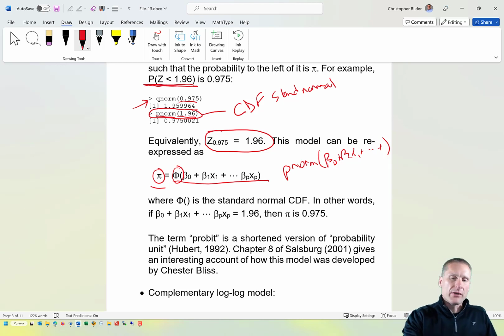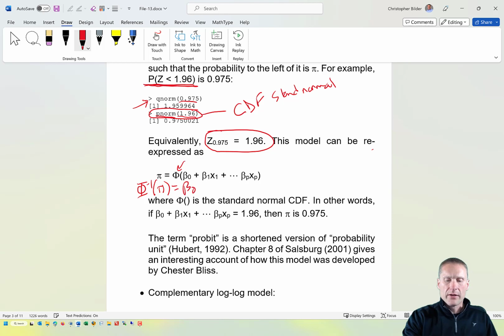And so, let me do a little bit of erasing here. I could rewrite this function here by, let's say, using the inverse function. Note that this is the uppercase Greek letter phi. So if I use an inverse function, just like what you would learn about in algebra class, I could rewrite the model like this, where I just have that linear predictor on the right side.